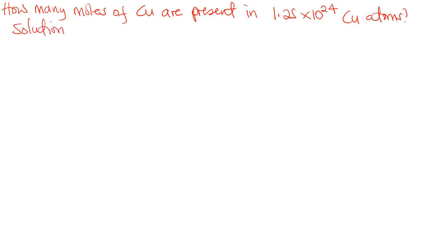As with the previous question, we need to indicate the conversion factor. The conversion factor says 1 mole of copper is equal to 6.02 times 10 to the power 23 atoms of copper.